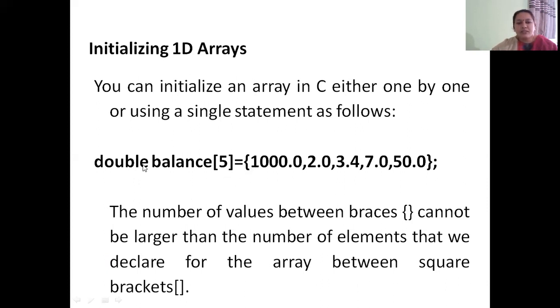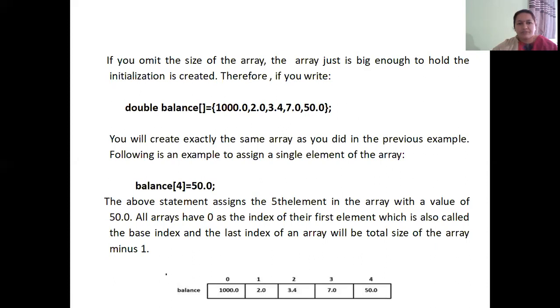So here, double balance[5] equal to 1000.0, 2.0, 3.4, 7.0, and 50.0. This means that balance[0] is 1000.0, balance[1] is initialized to 2.0, balance[2] to 3.4, balance[3] to 7.0, balance[4] to 50.0. This is how the individual elements of the array get initialized.